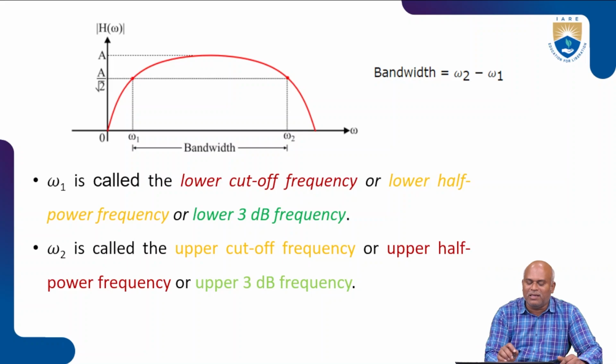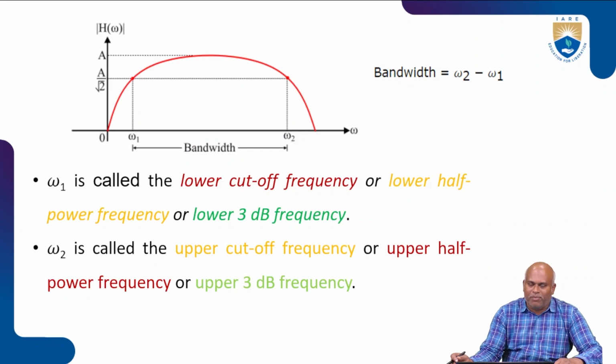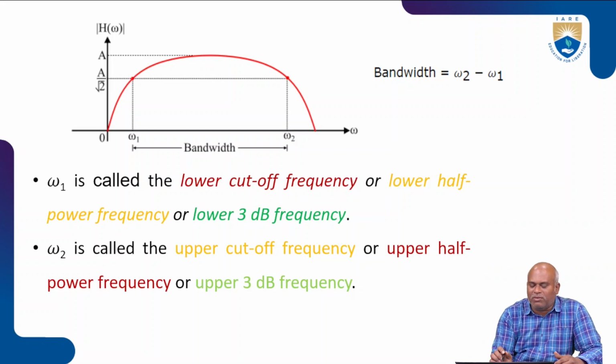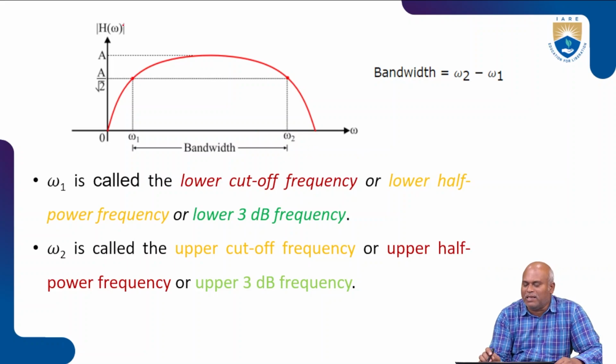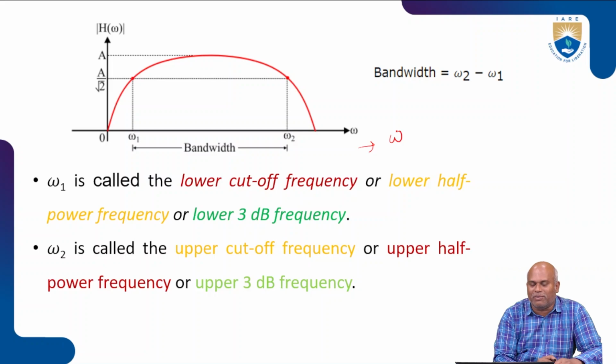Now we take one frequency component, represented as A, for the example of a band pass filter. The magnitude response, mod of H of omega as a Fourier transform, I represent as mod of H of omega. The frequency response is represented as a function of omega.